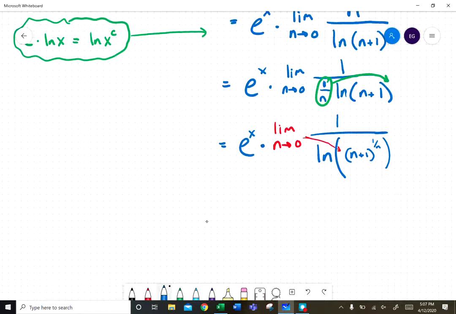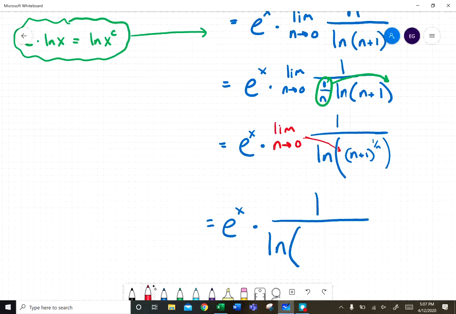So we have e to the x times 1 over the natural log of the limit as n goes to 0 of n plus 1 to the power 1 over n. Okay.